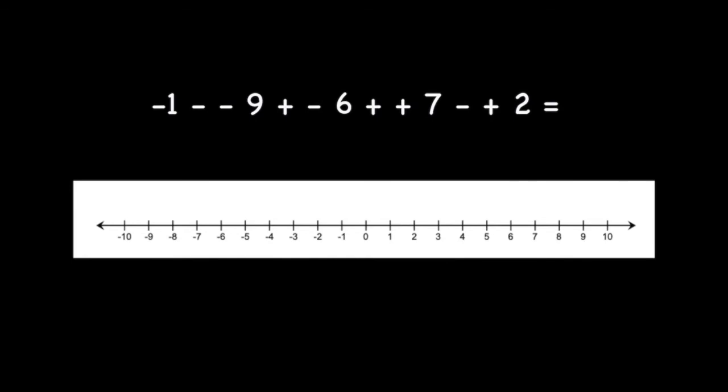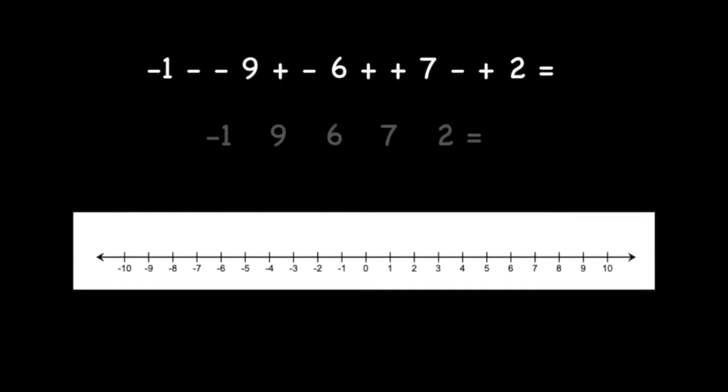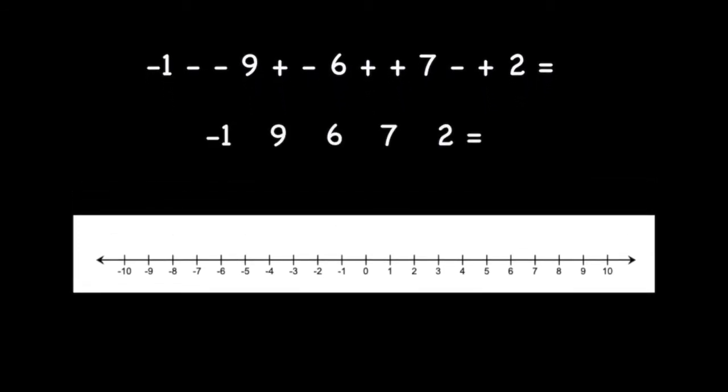Here you could see the two signs facing each other more easily. So as we reduce these two signs to one sign, we will then be allowed to progress to the number line. The two negative signs become a positive. The minus and the plus result in a minus. The two pluses become a plus, and the minus and the plus become a minus.